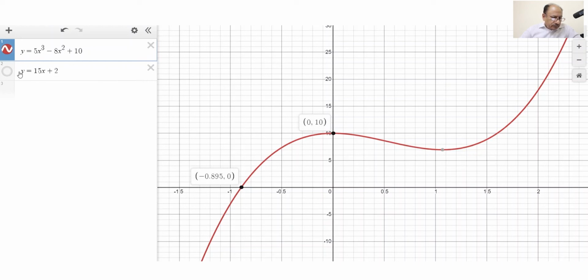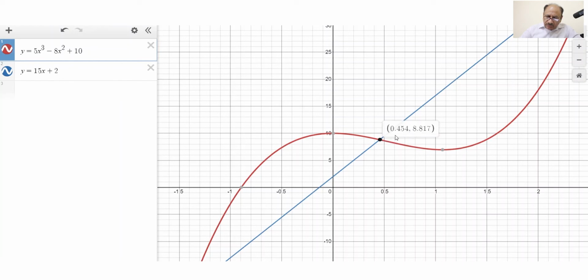So if we plot the straight line which we are supposed to plot, this will be the straight line, y is equal to 15x plus 2. If we check the points of intersection, the intersection of two curves, this is 0.45 and 8.8 is the y value.